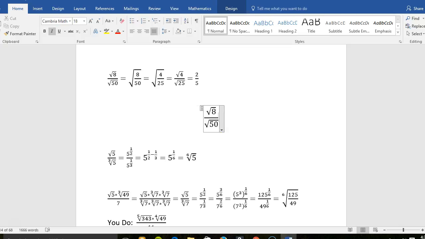Like what I could do, remember 8 can be thought of as 4 times 2. And 50 can be thought of as 25 times 2. And then you remember, you can yank out, you do the square root, 4 comes out as a 2, square root of 4 is just 2.